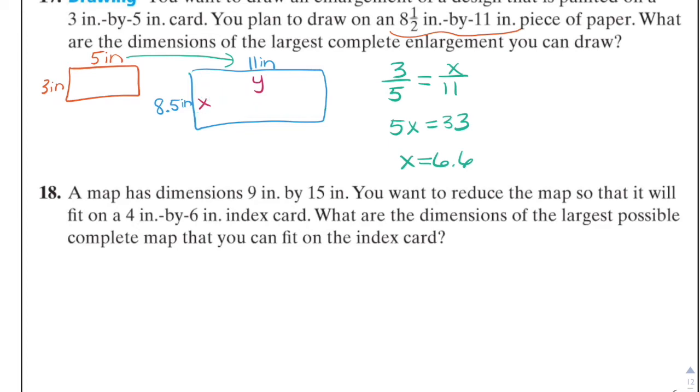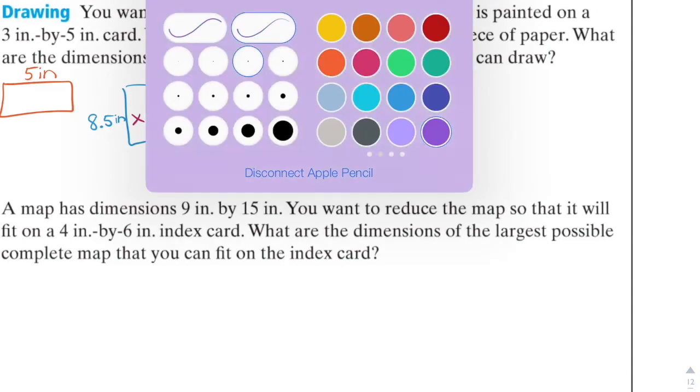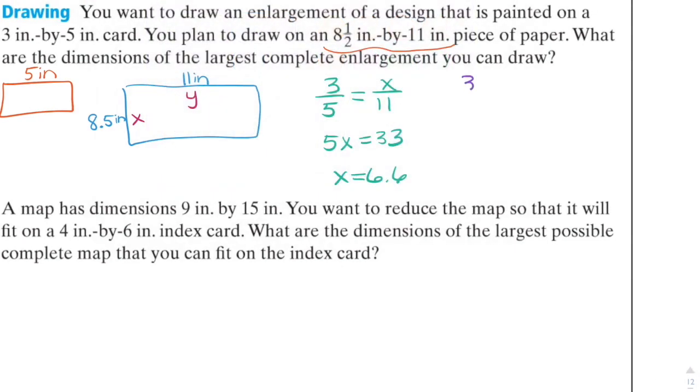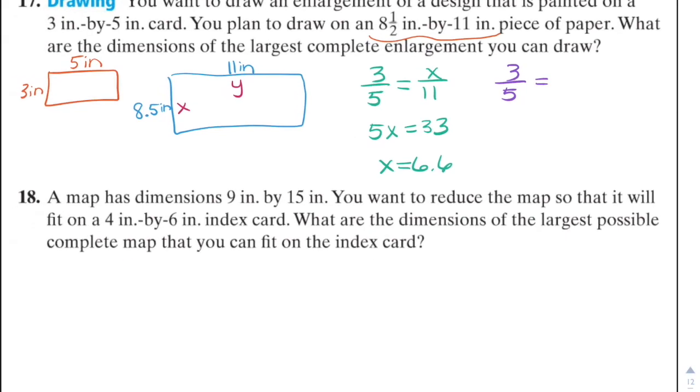So let me erase that. Let's try this other method, and we're going to use 3 is to 5, but we want to enlarge, in this case, not the x, but the y, and be stuck with x, but I'm going to go 8.5 now. So 8.5 by y.